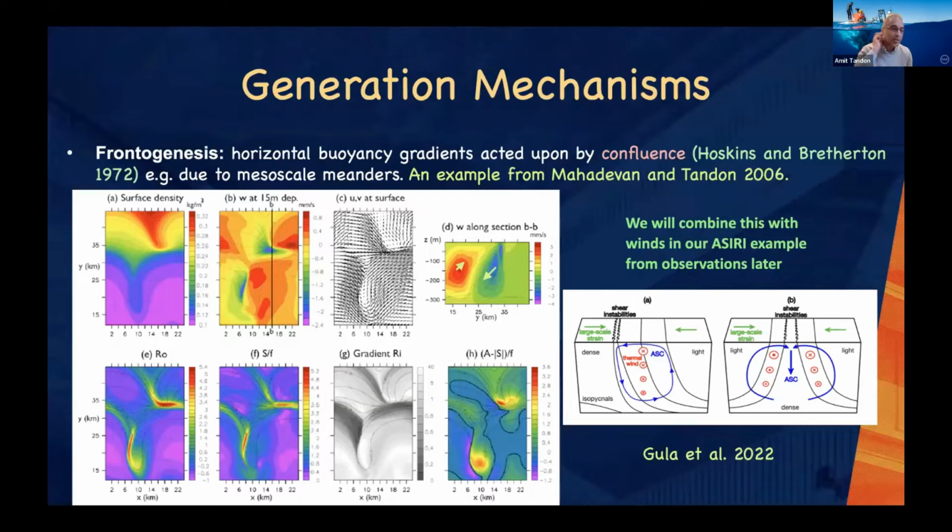One section of this is shown in terms of density. The density is heavier where you see red, on the top, lighter on the south side. And you see these strong filaments in density, but they are associated with strong frontogenesis.